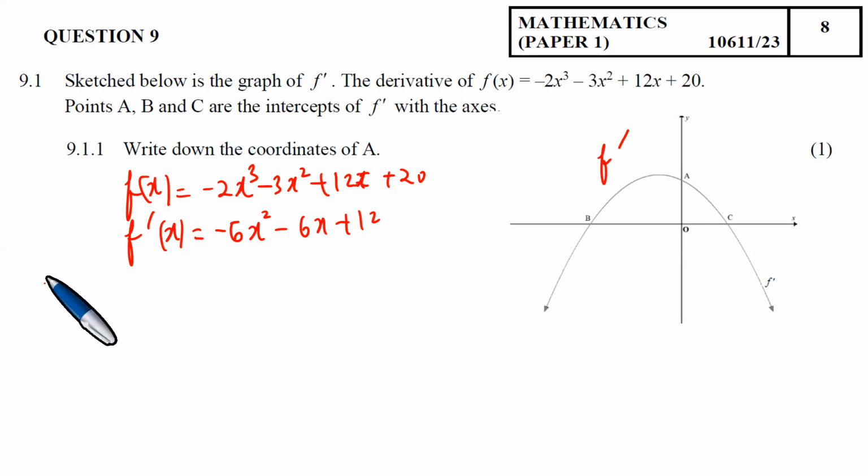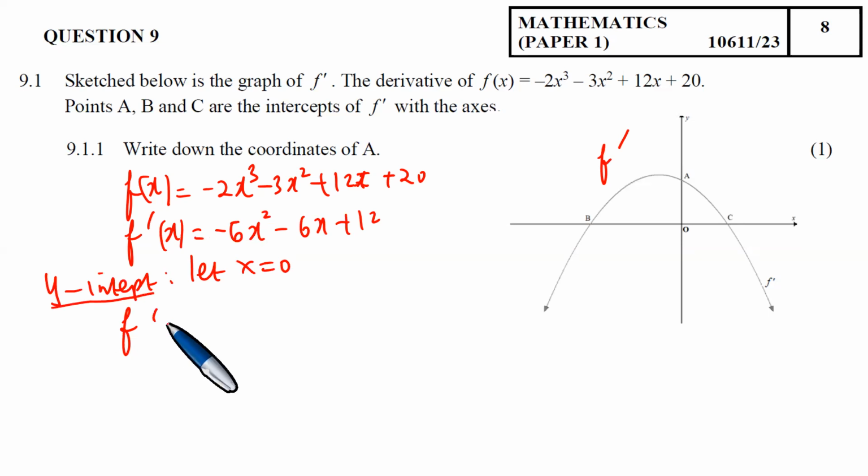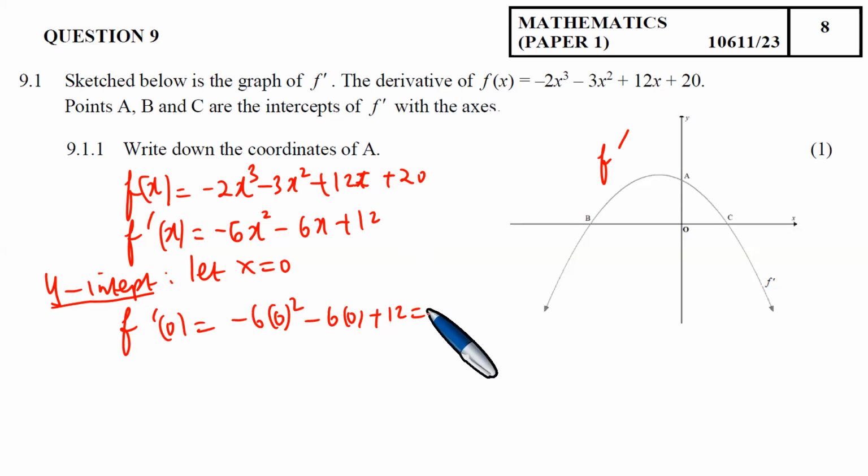What is then the y-intercept? To get the y-intercept, you let x be 0, because this is the graph of f prime. So you have f prime of 0, which is minus 6 into 0 squared minus 6 into 0 plus 12. Then what is the answer?